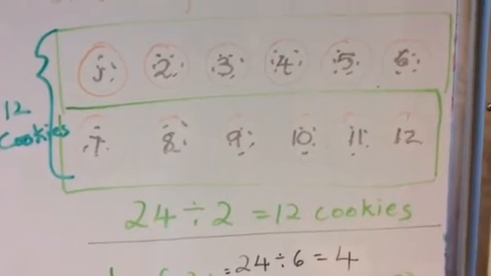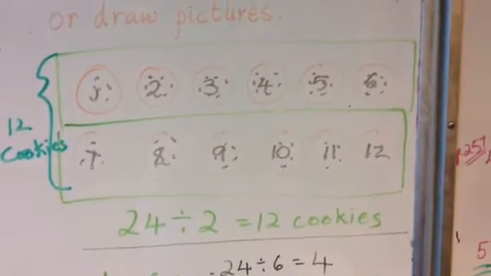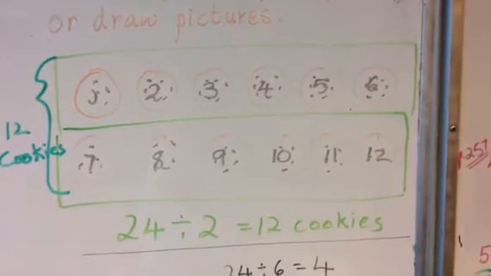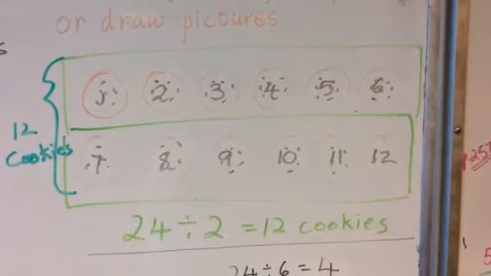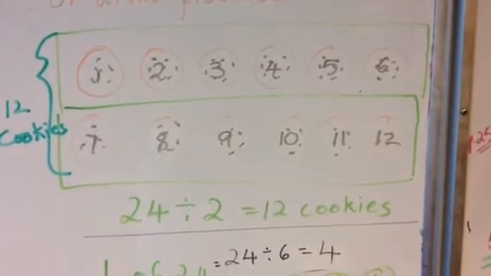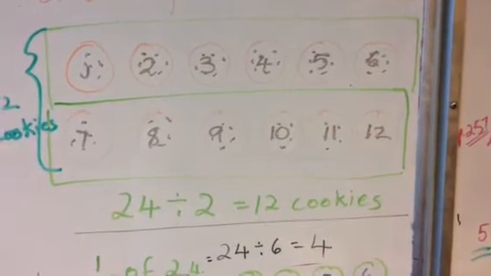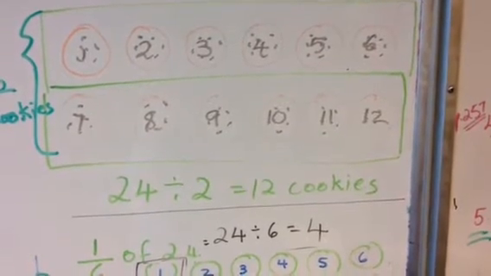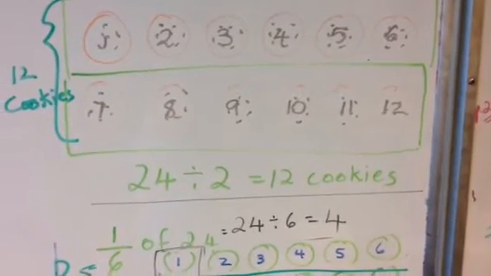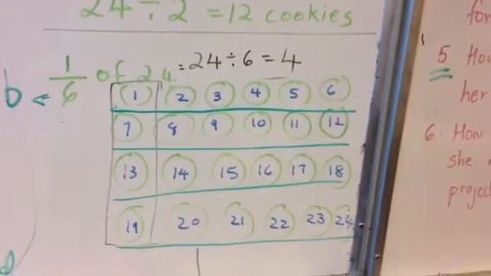So you can figure it out mentally, or you can draw a visual picture, or you can use your kinesthetic or cognitive way and figure it out. 24 divided by 2 is equal to 12 cookies, or 24 divided by 6 is 4 cookies. Okay, and that was the picture I showed you before.